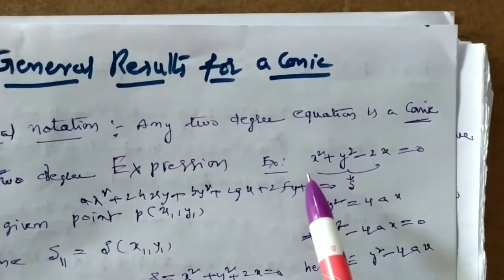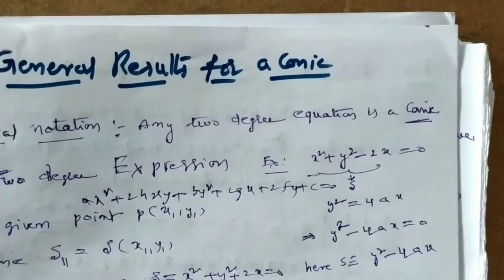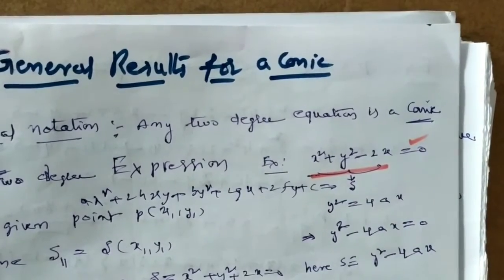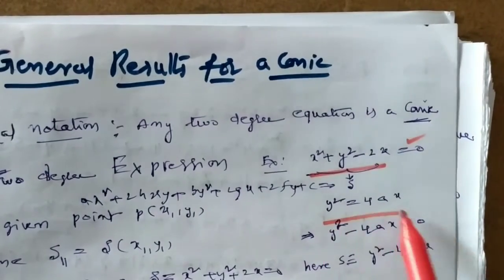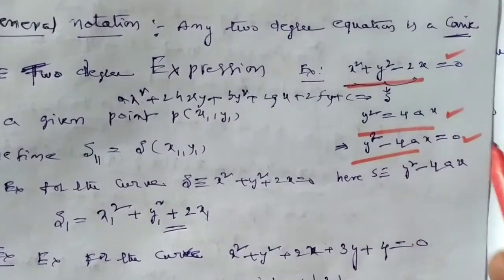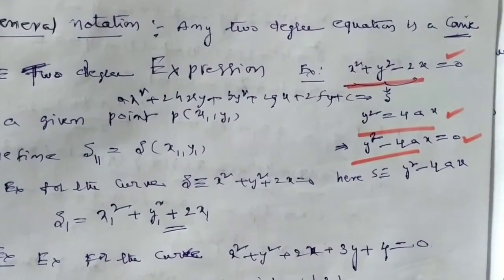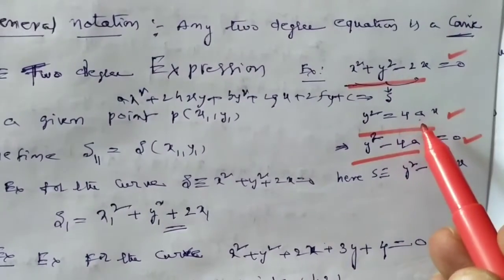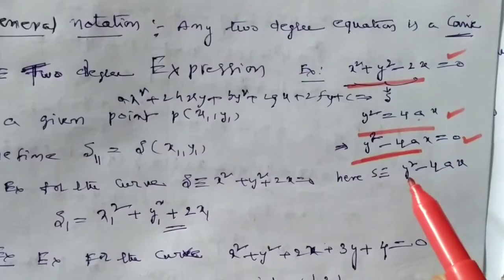Here see, this is one example. x square plus y square minus 2x is equal to 0 is a conic. y square is equal to 4ax is a conic. Here y square minus 4ax is equal to 0 is a conic, obtained by collecting the terms from the RHS to the LHS.